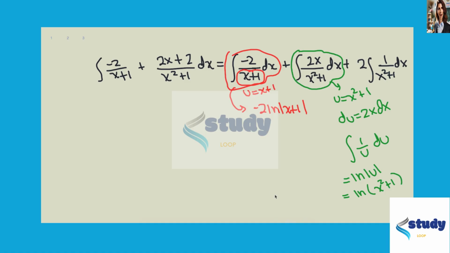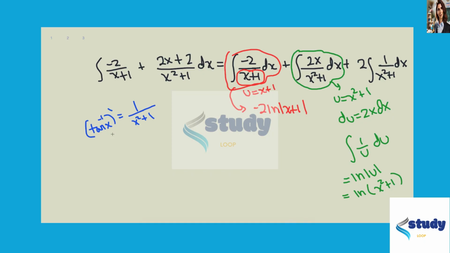And finally, for the last integral, you might remember this as being from the arctan function. We know that the derivative of tan inverse x is 1 over x squared plus 1. So that means that the integral of 1 over x squared plus 1 is tan inverse.